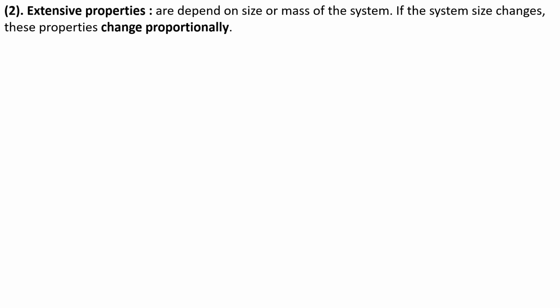Next we look at the extensive properties. Extensive properties are dependent on the size or mass of the system. If the system size changes, these properties change proportionally. Which means if the size and the mass change, these extensive properties also change according to the proportionality.